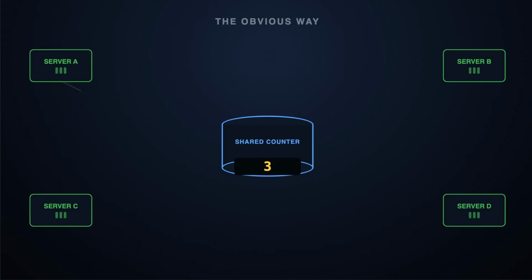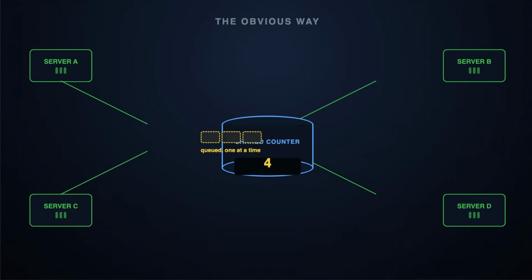The obvious answer is one shared counter in the database. Order 1, order 2, order 3, each bigger than the last. Every server has to ask that same counter for the next number, one at a time.